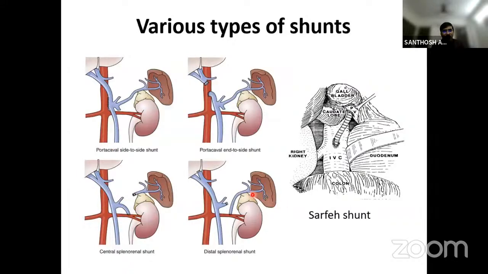In selective shunts, only those blood vessels which supply the stomach or gastroesophageal junction are diverted. For example, through the left gastric, gastroepiploic and short gastric veins, the spleen will be supplying most of the stomach and the GE junction. So if we divert only that amount of blood into the systemic circulation, then blood coming from the SMV will enter into the liver. So it is a selective shunt.